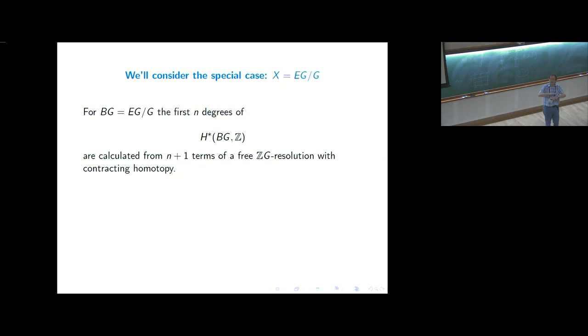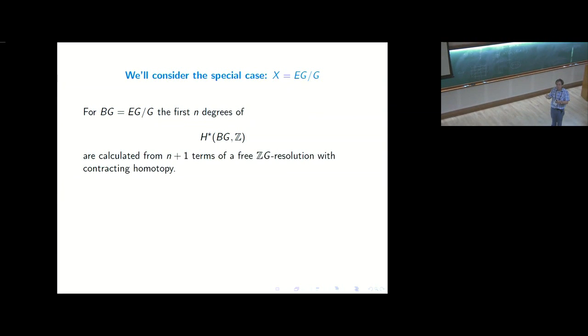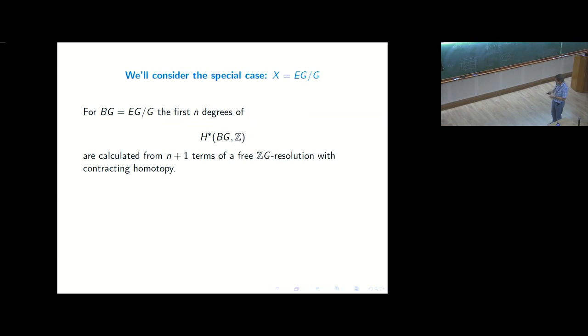I'm going to build a contractible space on which the group acts, and quotient by the action, and that's my space X. So the cohomology of BG is what I mean by the cohomology of the group. And if I want the first n degrees, at least as an abelian group, or even with the cup products, you only need to calculate n plus 1 terms of a free resolution. So if you can do that, you should be able to calculate that ring, at least in low degrees.